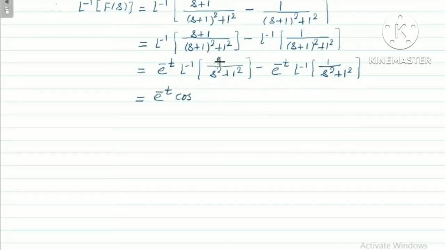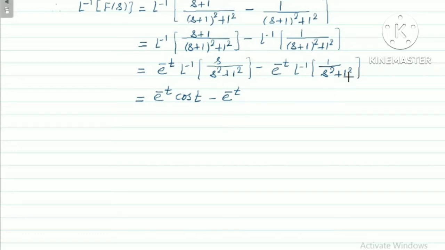Cos t, s upon s square plus a square, that is what? Cos a square. Here a is 1, so cos a is 1, so cos t, and minus e raised to minus t, here will be 1 upon a sin at.